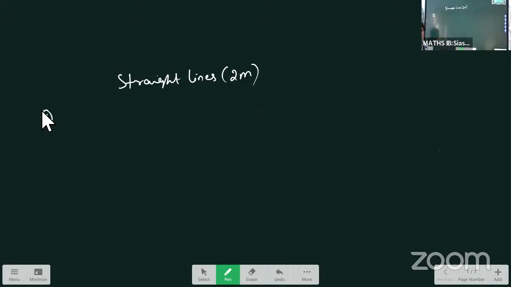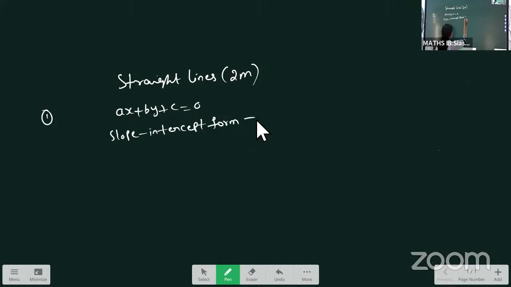First, I'll explain how to convert the equations into intercept form and the others. ax plus by plus c is equal to 0 is a normal straight line. If the question is for slope-intercept form, we have to convert the equation into y is equal to mx plus c.